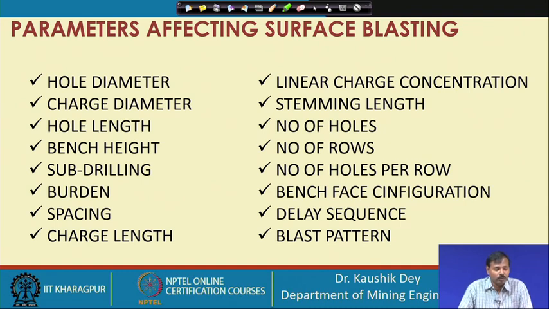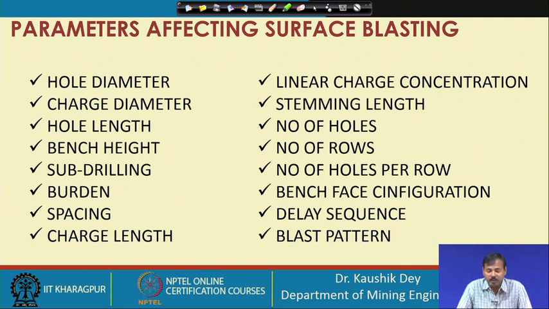Our parameters are hole diameter and charge diameter. In case of bulk loading explosive, the hole diameter is the same as the charge diameter, but in case of cartridge explosive, the charge diameter is a little lesser than the hole diameter. Then the hole length, which is bench height plus the sub-drilling length, then the burden, spacing, charge length, stemming length, linear charge concentration, that is, per meter of hole length how much charge is there, number of holes, number of rows.